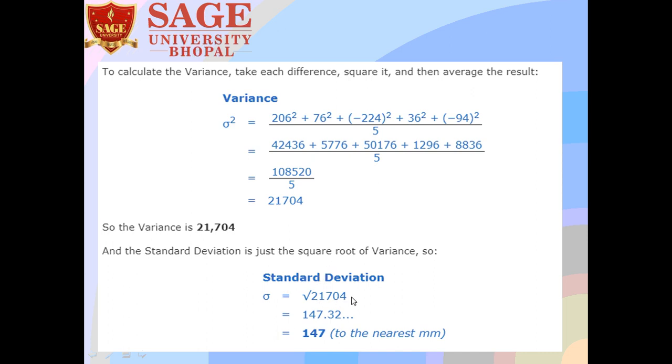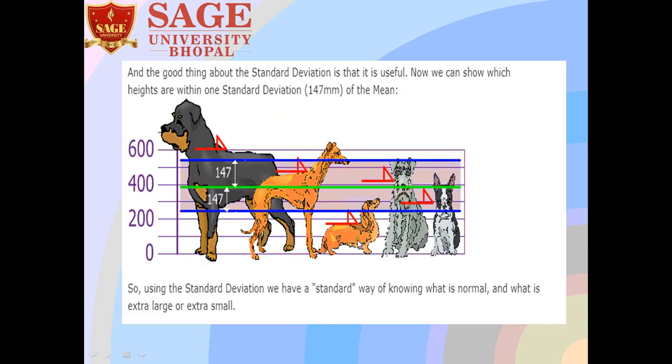So what does this standard deviation actually mean? Let's see. Deviation is measured from the mean value. If we take one deviation upside and one deviation downside, we cover the majority of the values for which we are calculating this standard deviation. Approximately 60 to 70% of the values are covered by taking one deviation up and one deviation down.